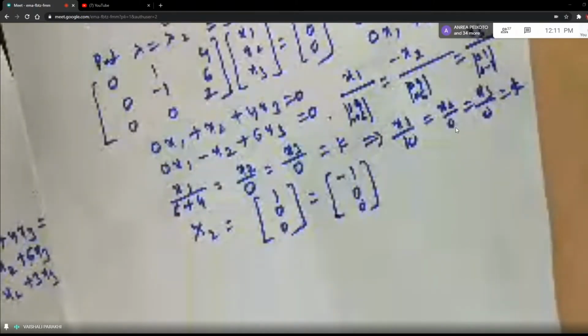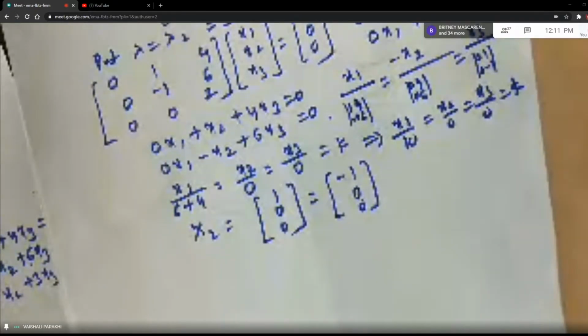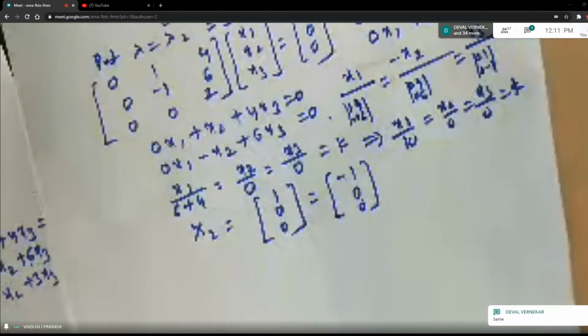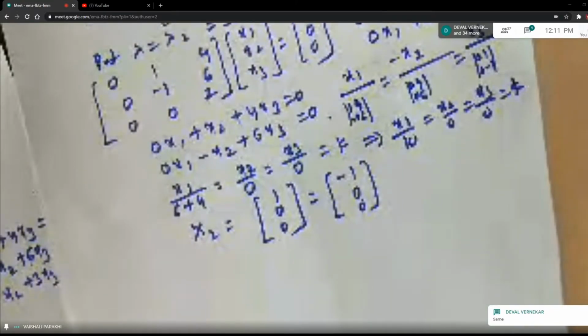See if you can try with other equations also and see what you get, students. Are you getting the same eigenvector or a different eigenvector? Try. Same.